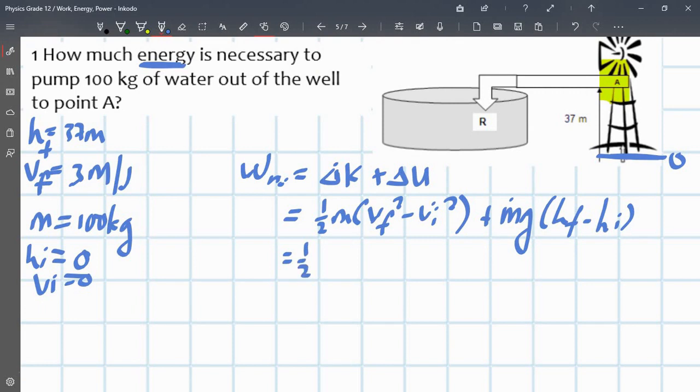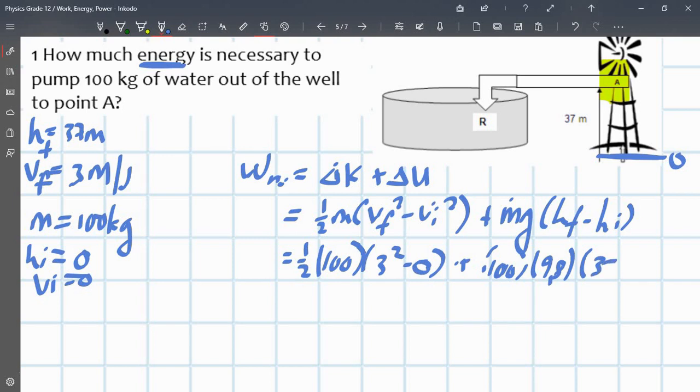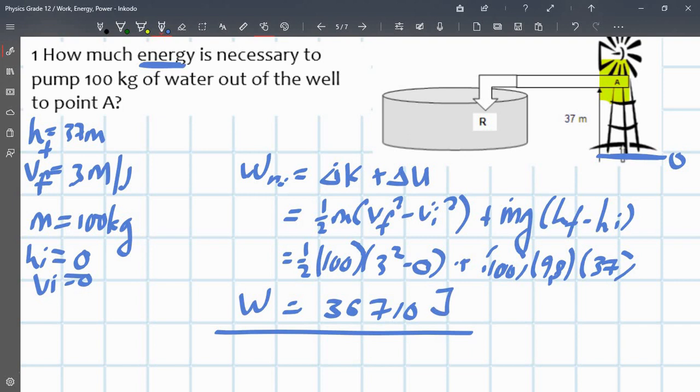This is half, the mass is 100 kg, the final velocity is 3 squared minus 0, and this will be plus again 100 times 9.8, and the height is 37. If you plug it into a calculator, we're going to get a value of 36,710 joules.